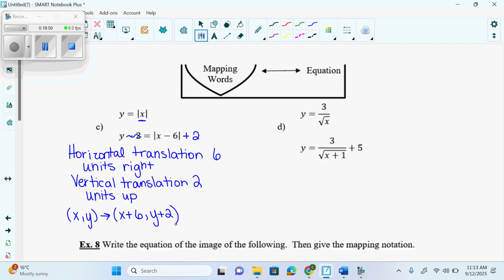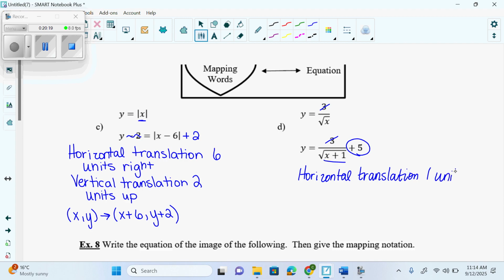D. D is irrelevant that you know that that's a rational with a radical involved. That's completely irrelevant. All we care is what has changed. Well, this hasn't changed. This is with my x. This is not, correct? So it's a horizontal translation. One unit what?